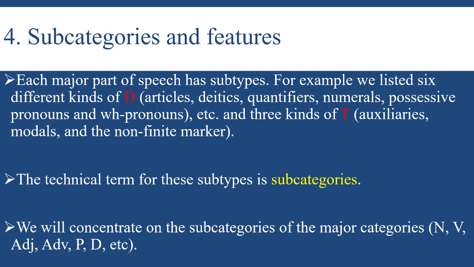The technical term for these subtypes is subcategories. Any part of speech has certain sections, and those are called subcategories. We will concentrate on the subcategories of the major categories: nouns, verbs, adjectives, adverbs, prepositions, determiners, etc.